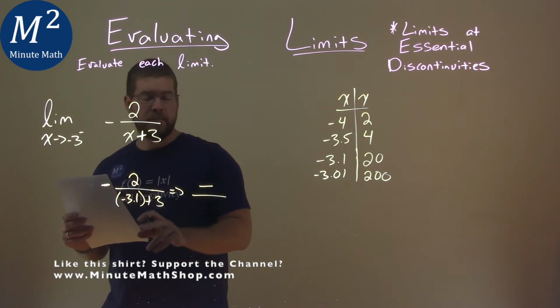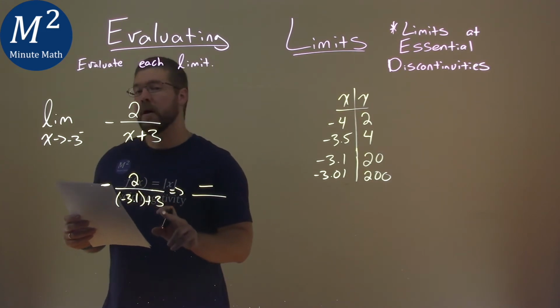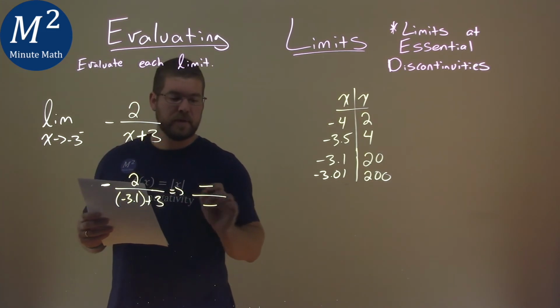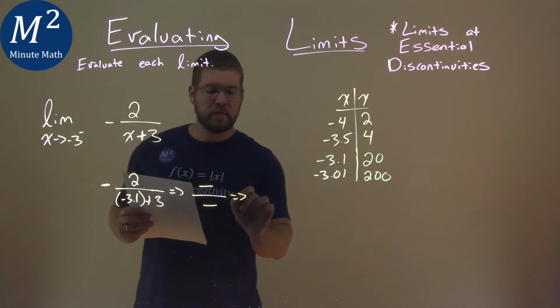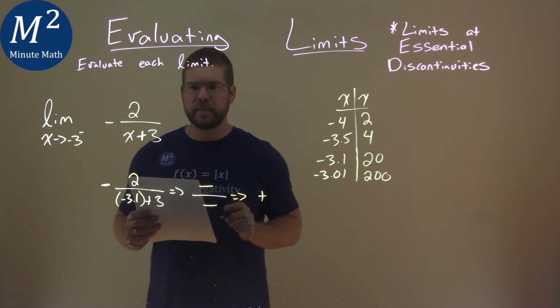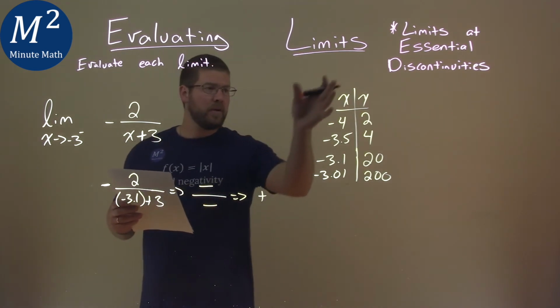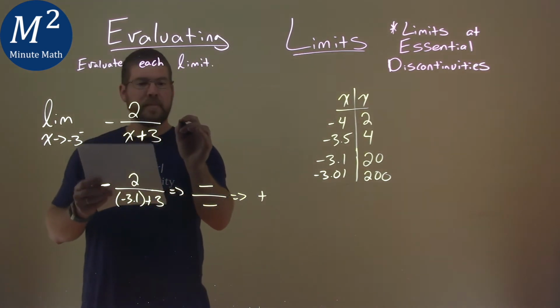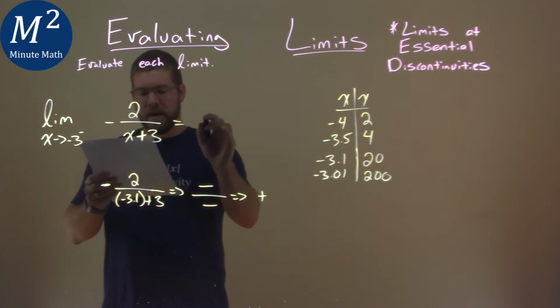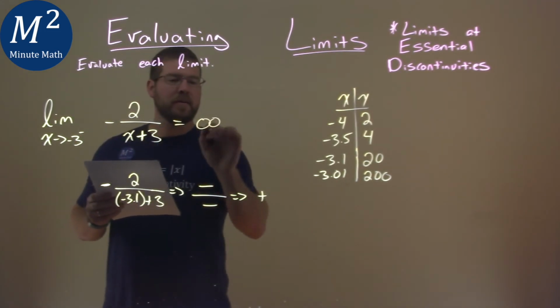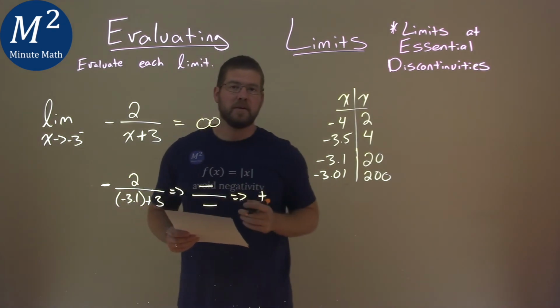Our denominator, negative 3.1 plus a positive 3, is still a negative. A negative divided by a negative comes out to be a positive. And so with our table here, we can say that this limit, when x approaches negative 3 from the left, is positive infinity, and that is our final answer.